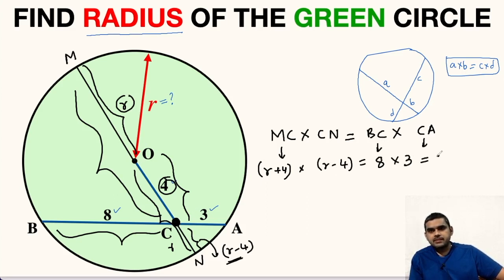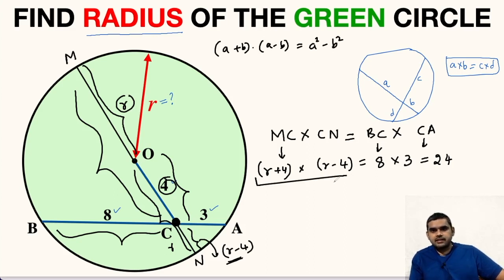So if we multiply, we will get 24. Let us use a property here, that is (a plus b) times (a minus b) is equal to a squared minus b squared. So using this identity, we will get r plus 4 multiplied with r minus 4 as r squared minus 4 squared, which is equal to 24.